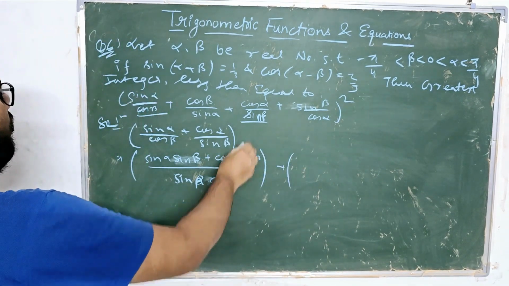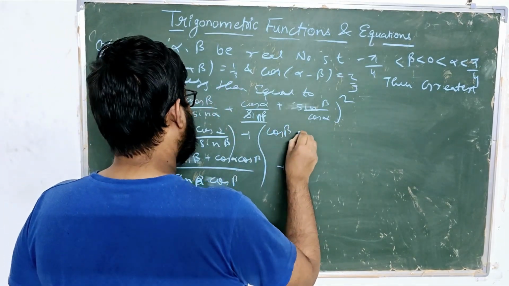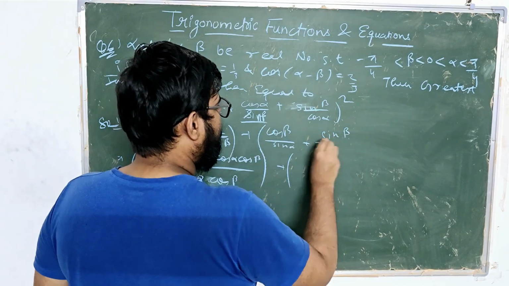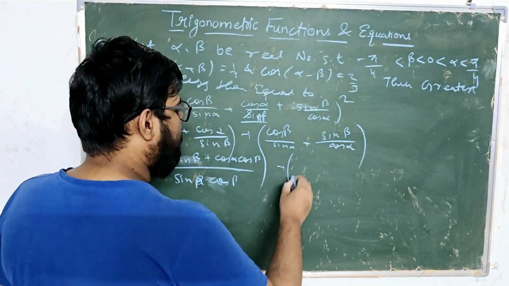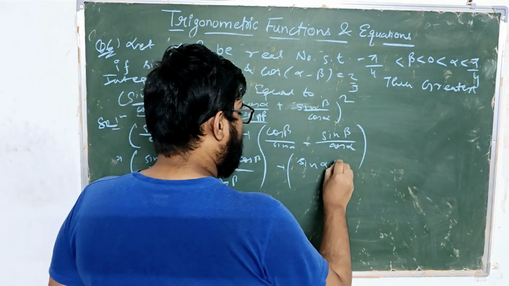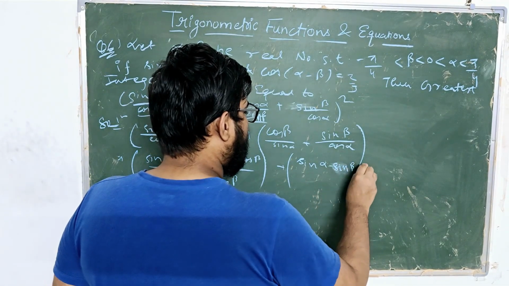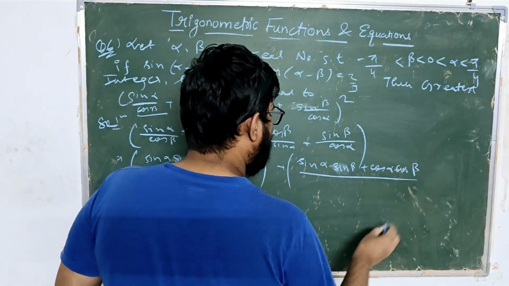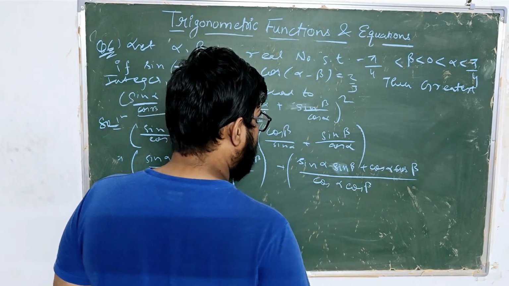Similarly, plus this, cos beta sin alpha plus sin beta cos alpha. So you will get sin alpha into sin beta plus cos alpha into cos beta over cos alpha cos beta.